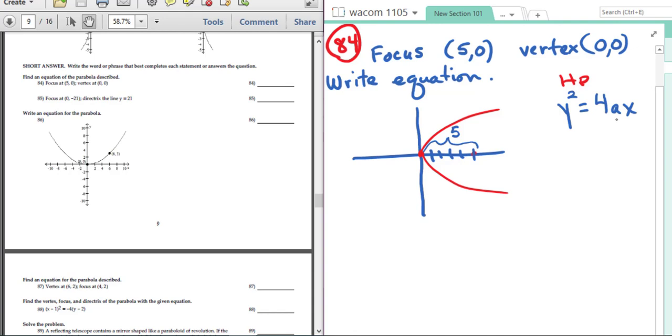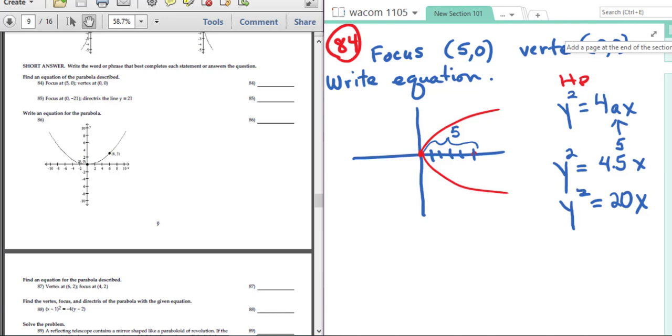And so we're going to put 5 into a. So y squared equals 4 times 5 times x, or y squared equals 20x. All right, let's try another problem.